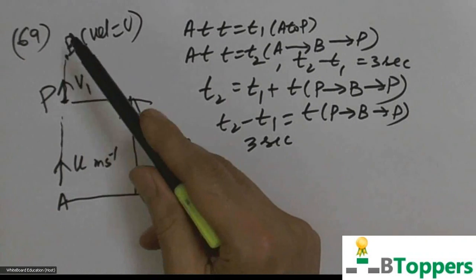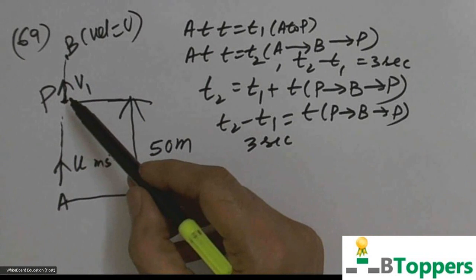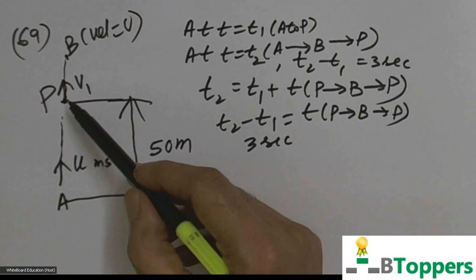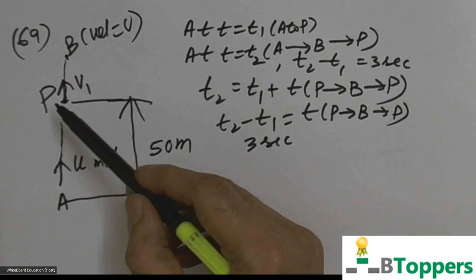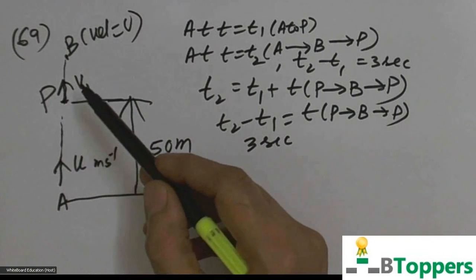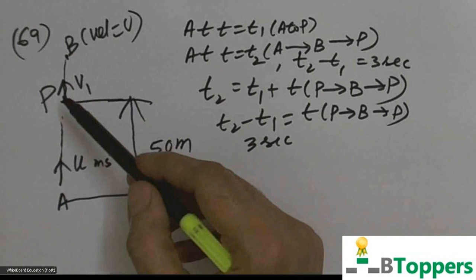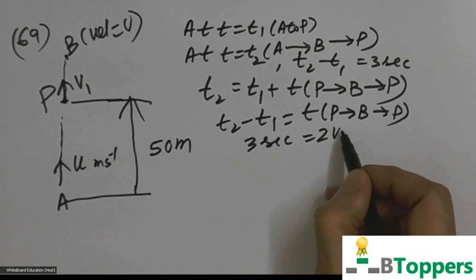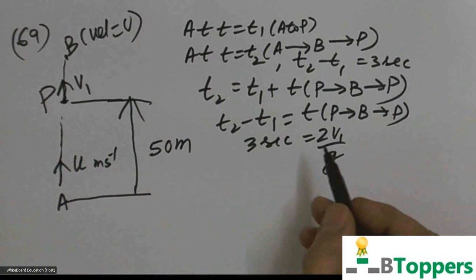If you consider the motion above the point P, for example, if you keep your eyes closed until the body reaches the point P, then open your eyes, then V1 is the initial velocity at P. Then the time of flight for motion above the point P can be written as 2v1 by g. That means the time taken to move from P to B and back to P is 2v1 by g.